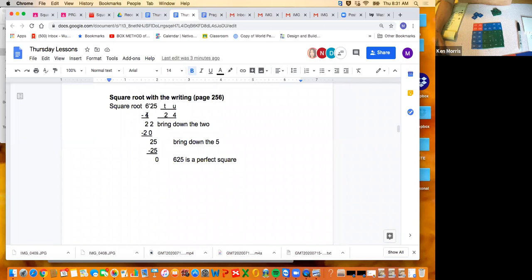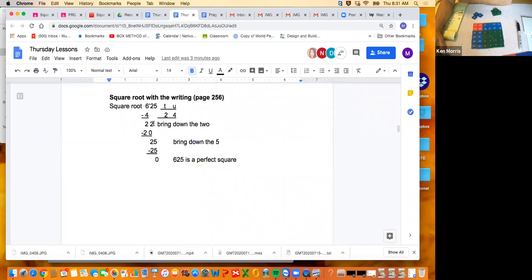Right there, we know that our tens place will be 2, because the square root of 4 is 2. We subtract the 400s from the 600s to give us 200s. We exchange the 200s for 10s, and we include them with the 2 tens that we had before, leaving us with 22 tens.